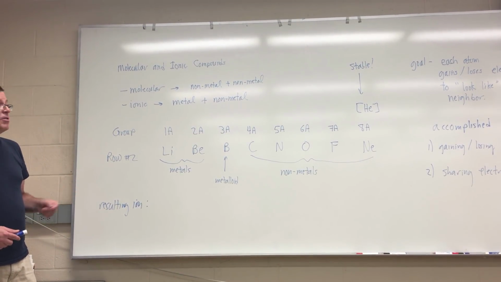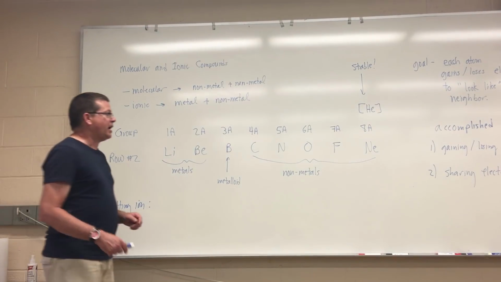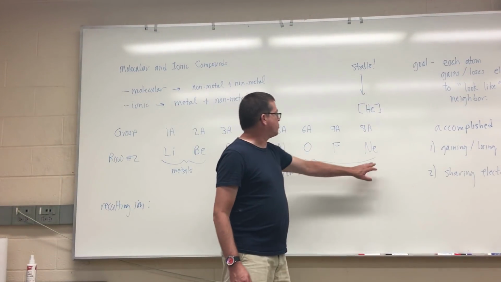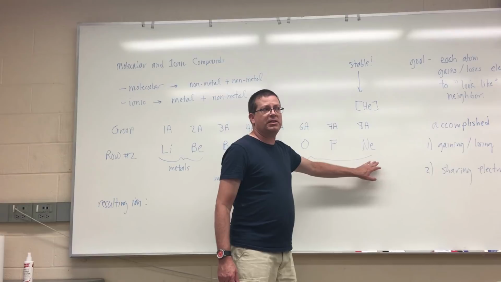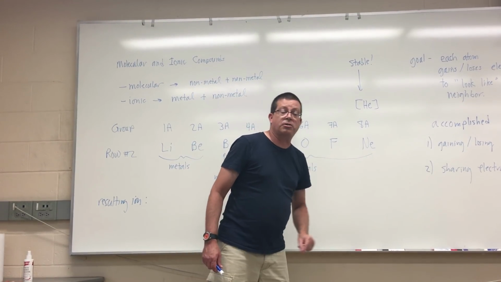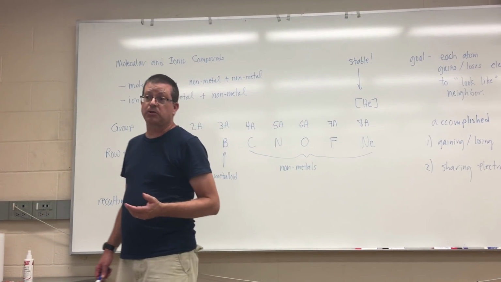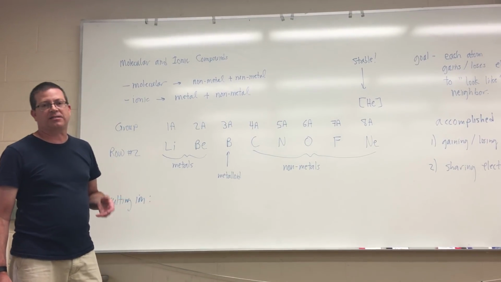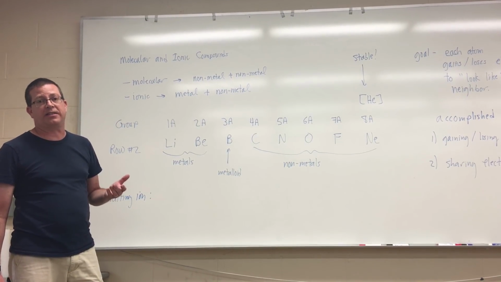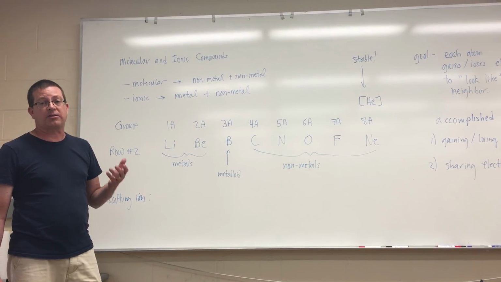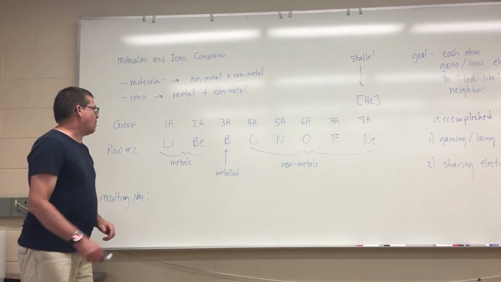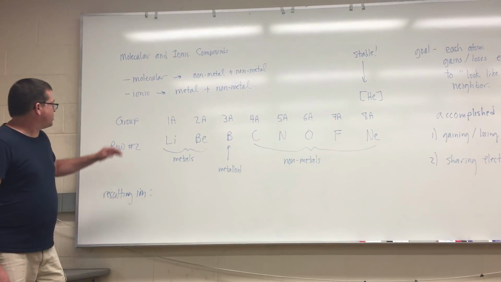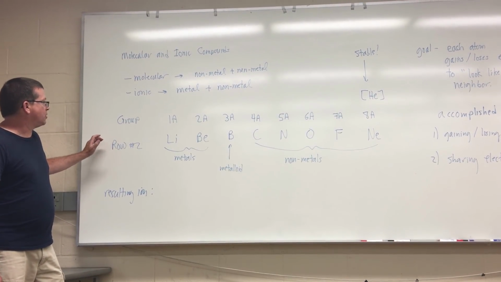If we remember from our discussion of the periodic table, anything that's found over in group 8A is very stable. Those correspond to our noble gases, which are sometimes called the inert gases. They're called that because atoms of the inert gases tend not to want to react with anything, meaning that they are electronically stable.